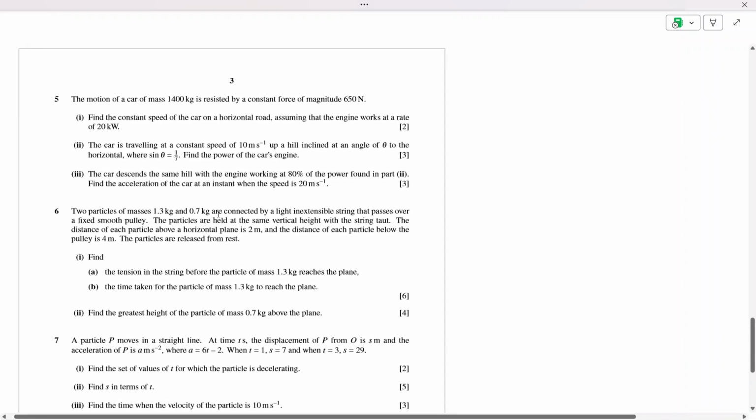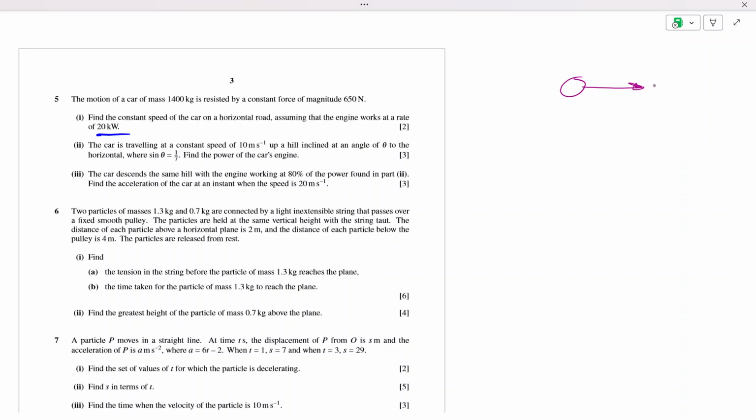Question 5 reads, the motion of a car of mass 1400 kg is resisted by a constant force of magnitude 650 newtons. Find the constant speed of the car on a horizontal road, assuming that the engine works at a rate of 20 kilowatts. Okay, I'm going to draw the scenario that we have.